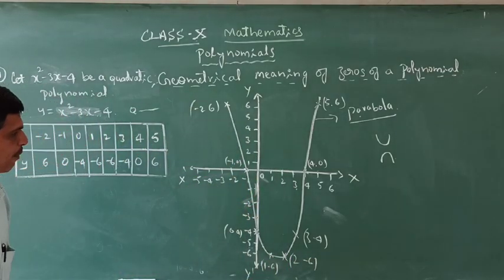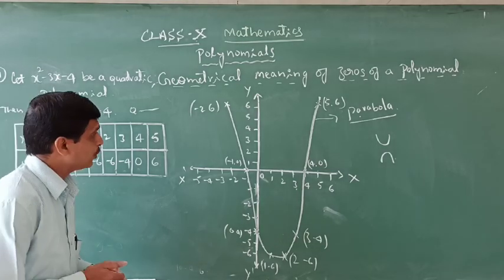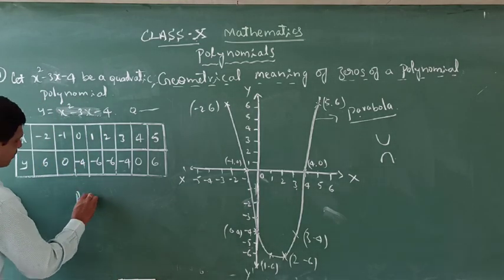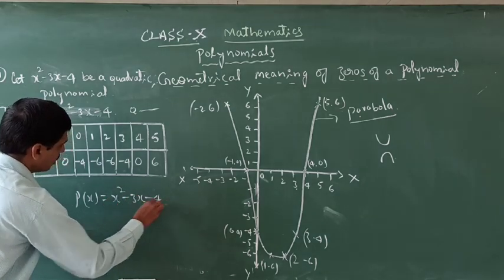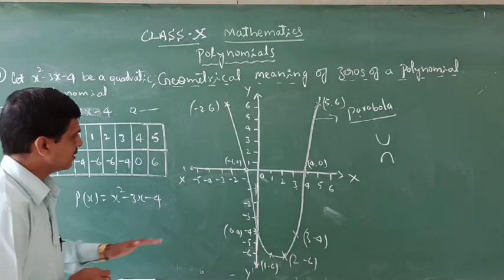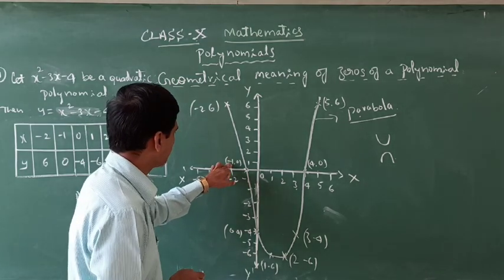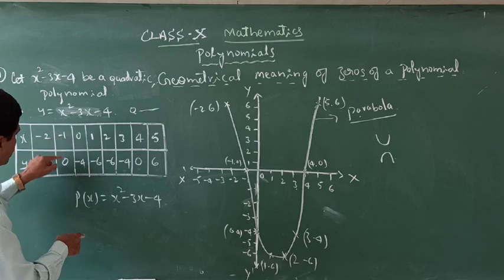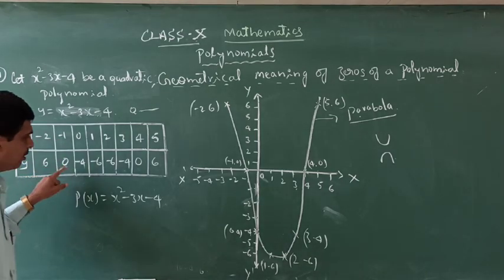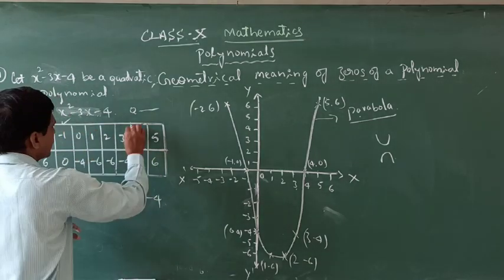Consider these coordinate points. At what value does this polynomial p of x, the quadratic x square minus 3x minus 4, become 0? Just put the value of x as minus 1, and here I already wrote 0, meaning the y value becomes 0. And next one is 4. Only consider these two values.